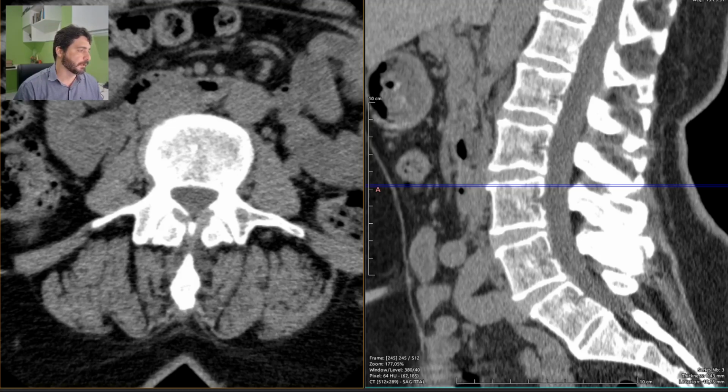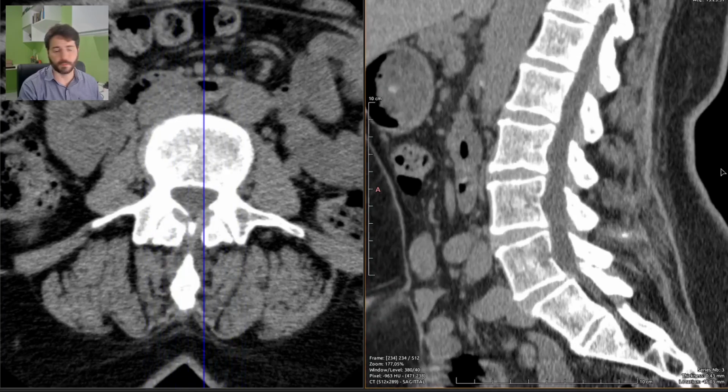So there is vertebral canal stenosis, and there is neural foraminal stenosis at L5S1, which is expected because this is a transitional vertebra. Hypertrophy and liposubstitution of perivertebral muscles.